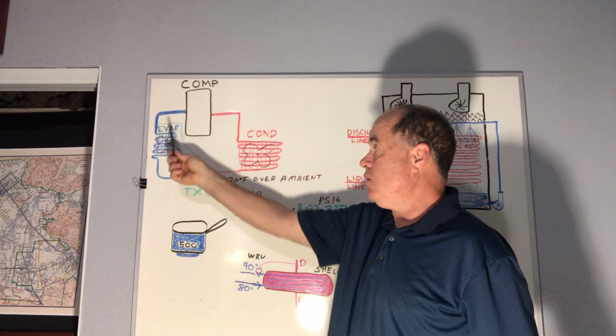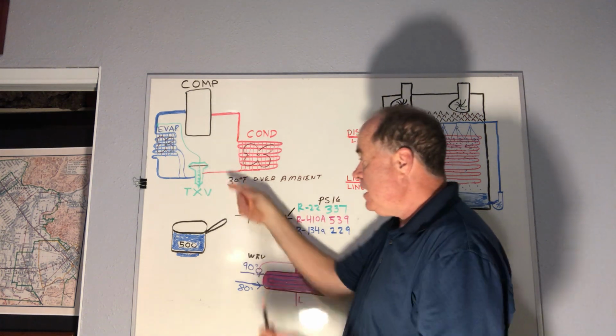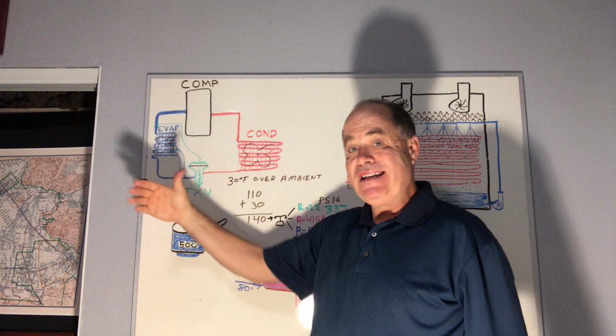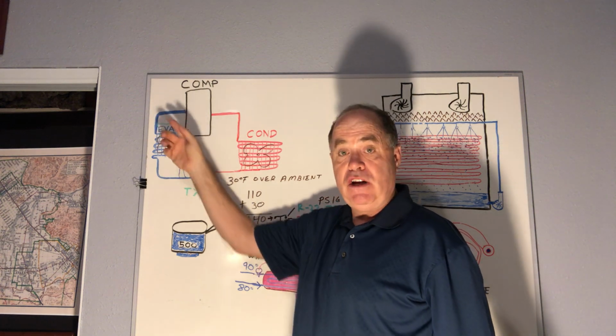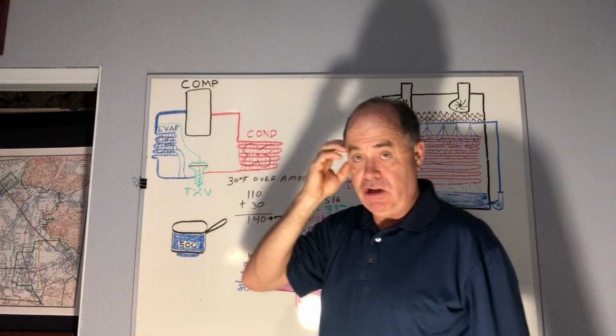As the suction line warms up, it creates more of an opening force, letting more liquid refrigerant flow through, which then boils off later because you let more liquid through, and the superheat would go down.